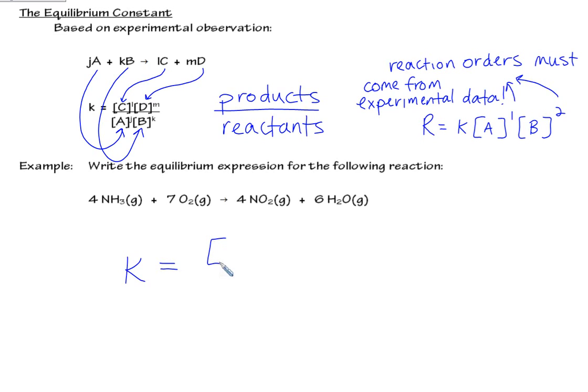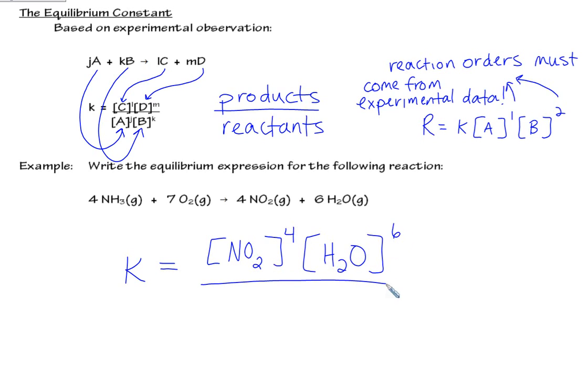Products, so I've got this NO2, and I'm going to raise it to the fourth power. Gosh, that's easy. My other product is water going to the sixth. Products over reactants. NH3 to the 4th, ammonia, and oxygen to the 7th. That's all there is to it.